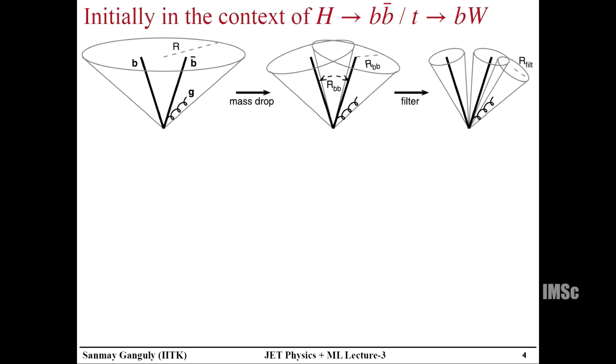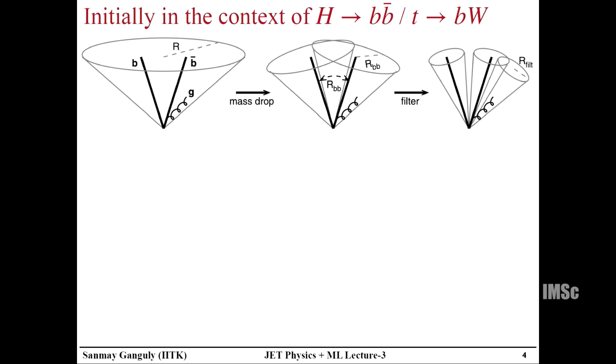Okay, and then you also need to throw away wide angle soft radiation, because as we talked about in the jet clustering algorithms, the presence of wide angle soft radiation tends to destroy the spectrum of the jets. That's inbuilt in the anti-kT distances like delta R and stuff like that.